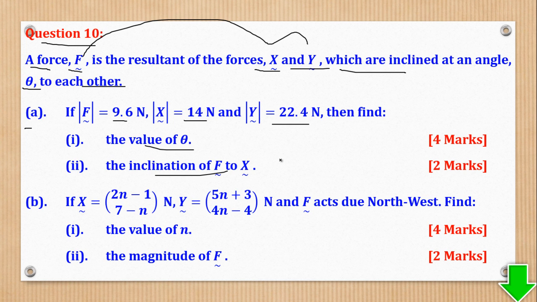Meaning when you're sketching, it is better when X is on the horizontal. Then, you realize that the resultant is smaller than any of these two. When that happens, it means that this inclination is obtuse.